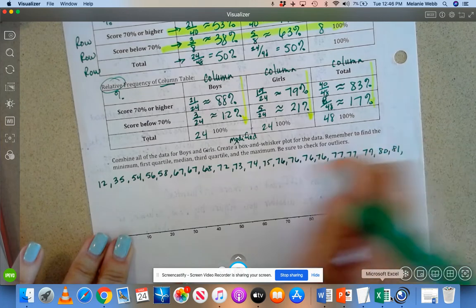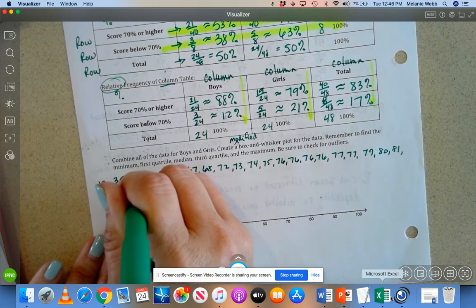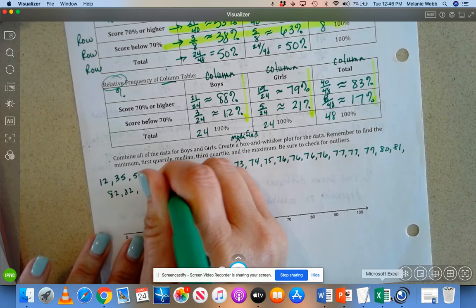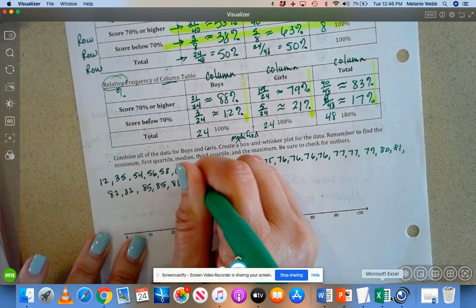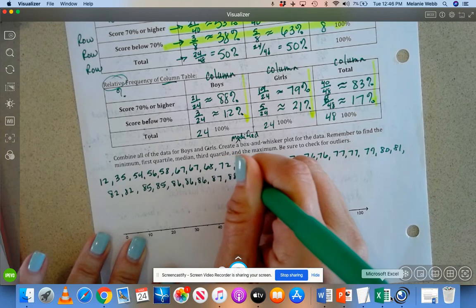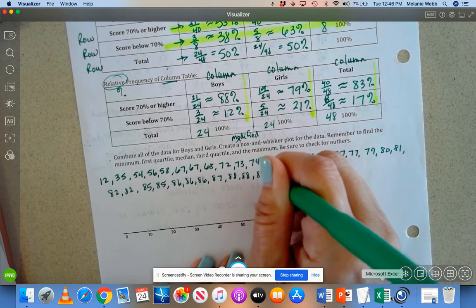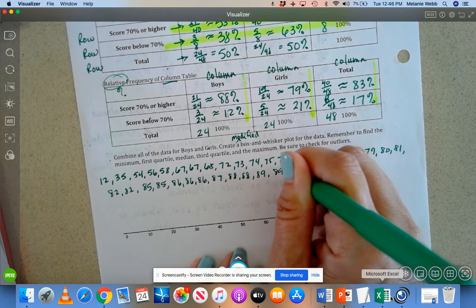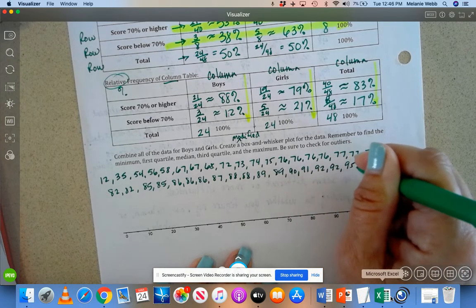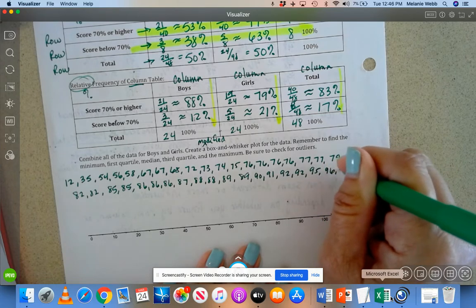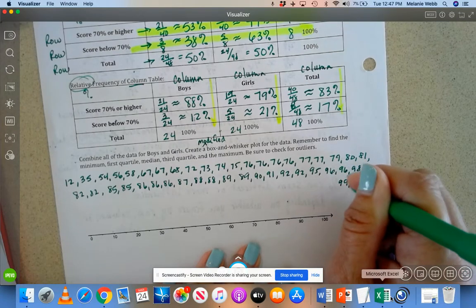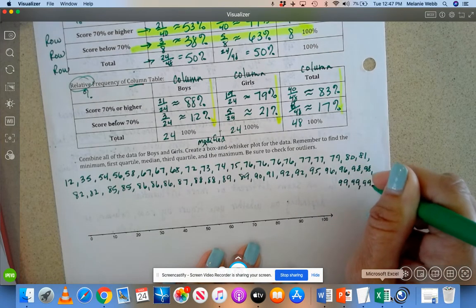82. I couldn't even fit them all in the same row. 85, 86, 87, 88, 89, 90, 91, 92, 95, 96, 98, 99, 100.